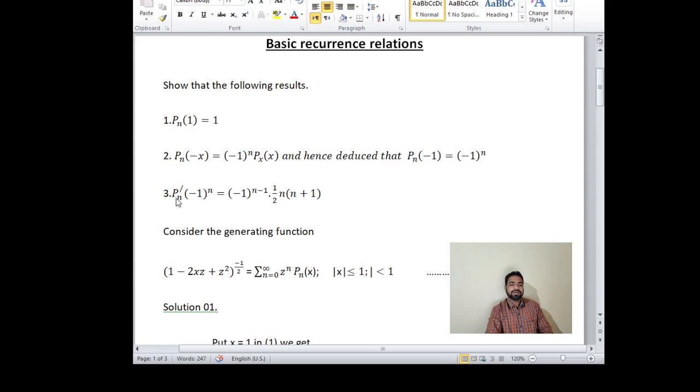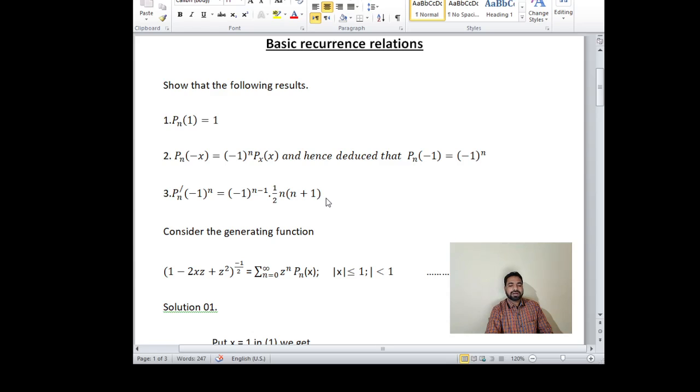Third result: P dash n of minus 1 is equal to minus 1 raised to n minus 1 into half n into n plus 1.